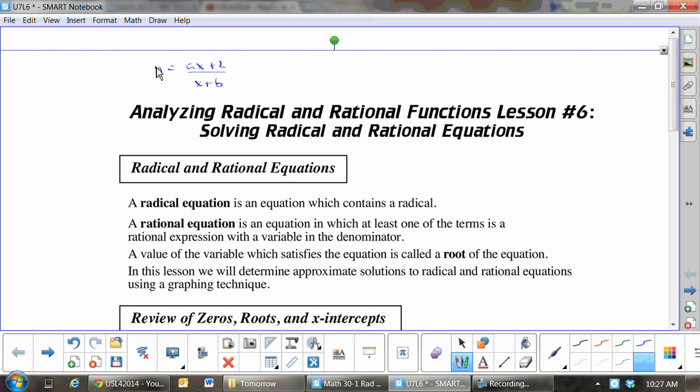Now, in this specific question, do you see that a would be your horizontal asymptote? Do you see that?